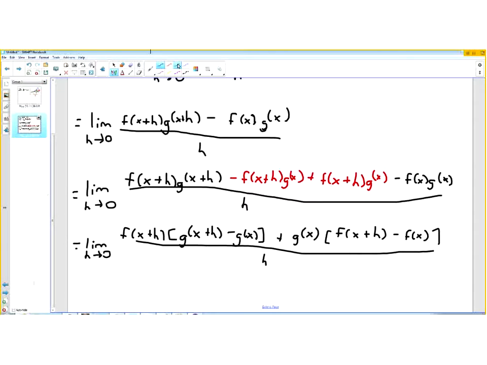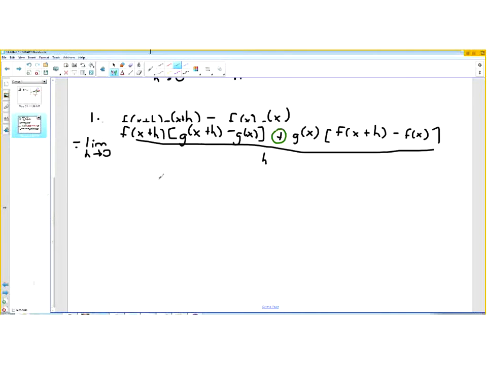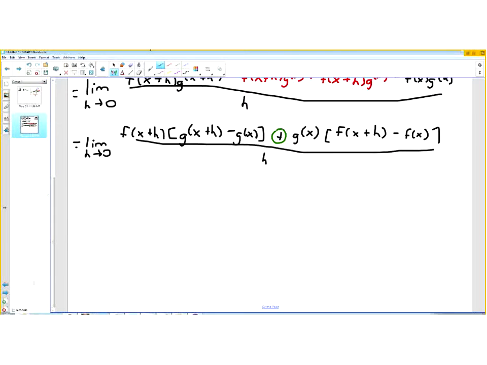So what I'll do next is split this big fraction into a sum of two fractions. I'll split it on this plus sign, basically doing what amounts to a partial fraction expansion.